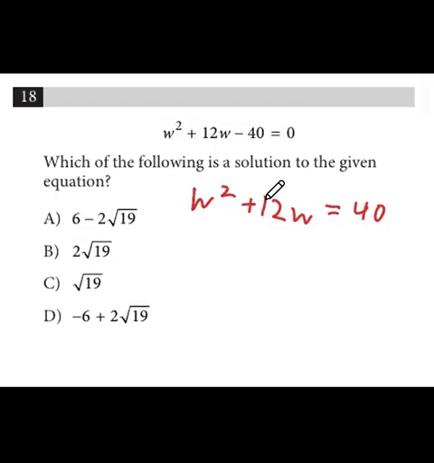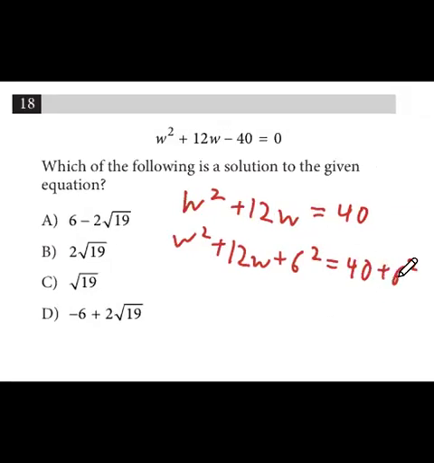finish the square. So this is 12. So we just take half of that, which is 6. So we have w squared plus 12w plus 6 squared equals 40 plus 6 squared. So we added 6 squared to both sides. This can just simplify into w plus 6 squared equals, and then 40 plus 6 squared is what, 36 plus 40?